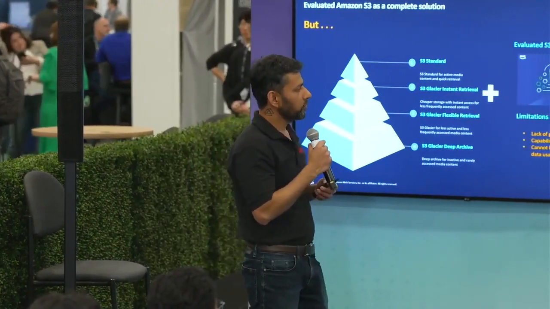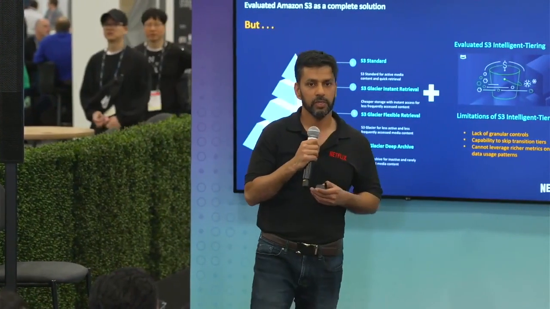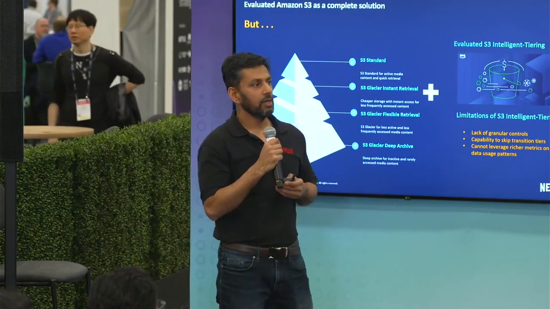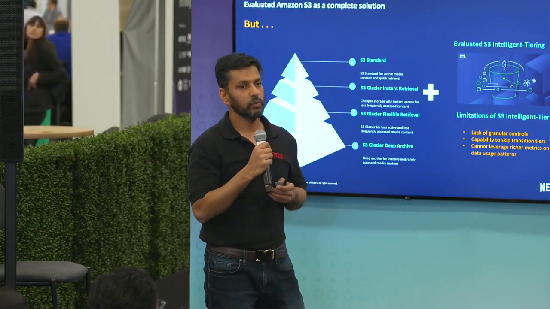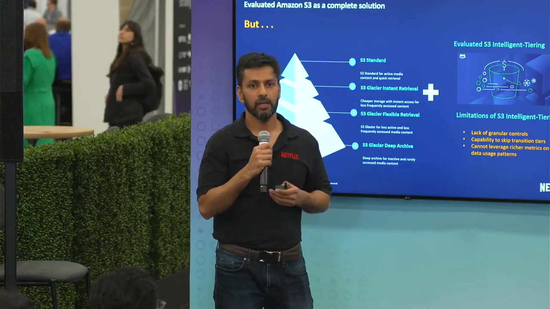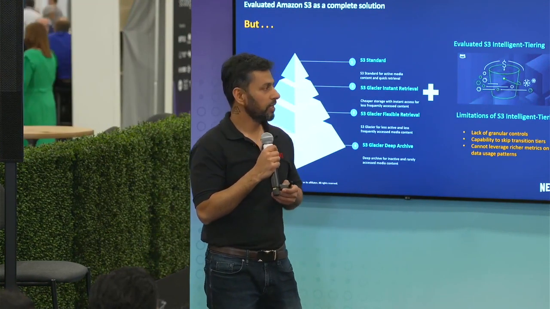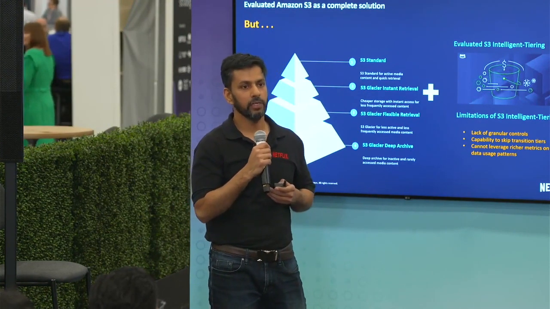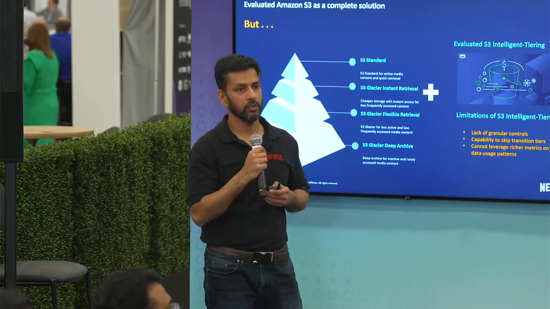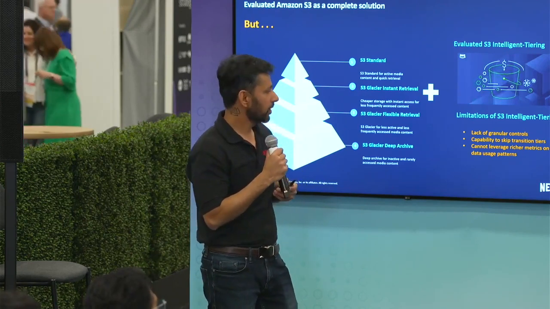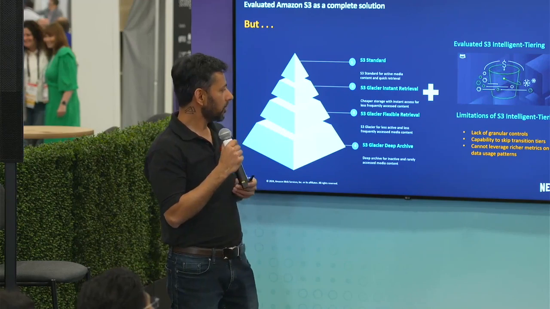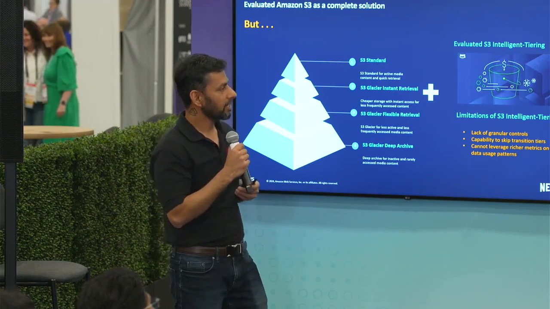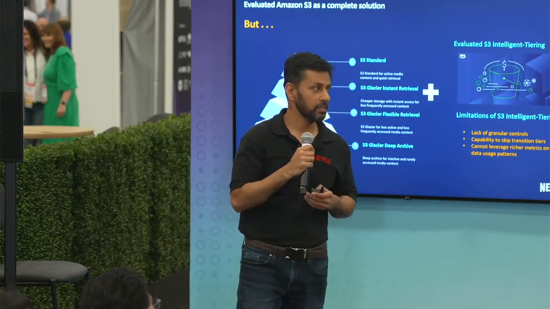Next, we wanted a capability to skip the transition tiers. As I said before, we have more insights, and we would leverage those insights so that if the show is not trending, we would move directly to the coldest tier or the most cost-effective tier. Lastly, it cannot leverage the richer metrics, and that's where our product shines, which is the next slide.